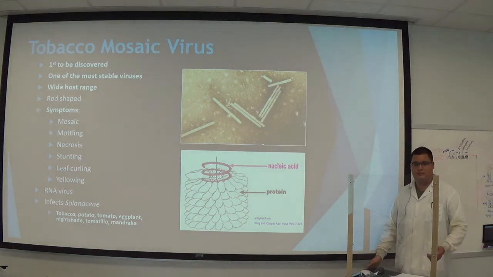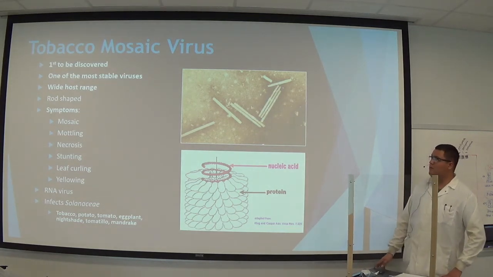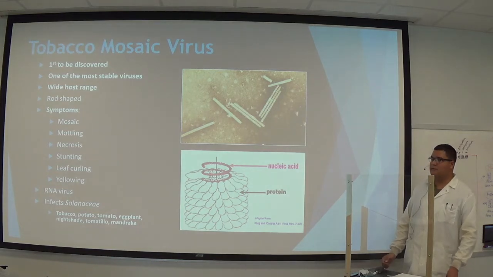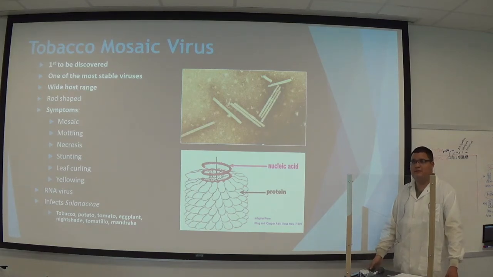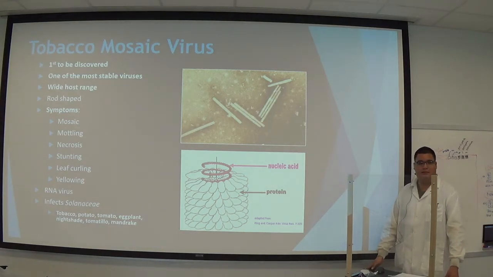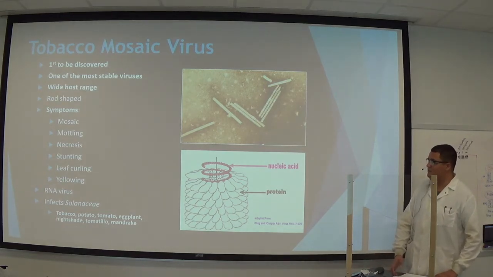Viruses can survive outside of their host cells, but typically not for very long. TMV has been found to live for, they found a tomato leaf that was infected with TMV that was 50 years old and still had the ability to infect the plant. So it's very stable, very long-lived.